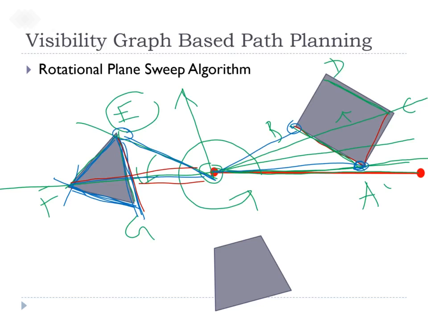In this way, what we do is that we look for all points on the obstacle which are vertices of the obstacle that are visible from the current location, and we keep on moving towards those vertices which are closer to the goal of the object. In this way, visibility graph is constructed.